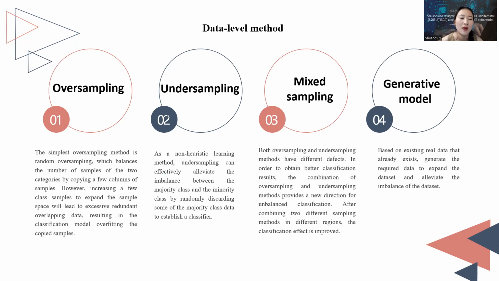Data-level methods include oversampling, undersampling, mixed sampling, and generative models. The simplest oversampling method is random oversampling, which balances the number of samples of two categories by copying minority class samples.